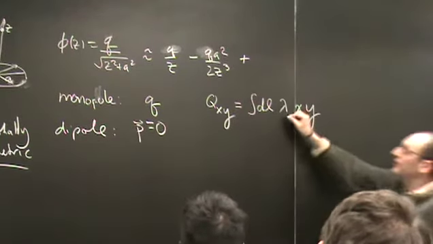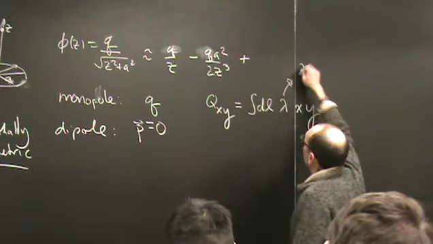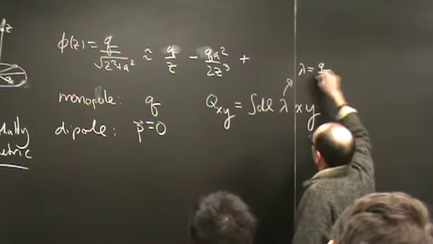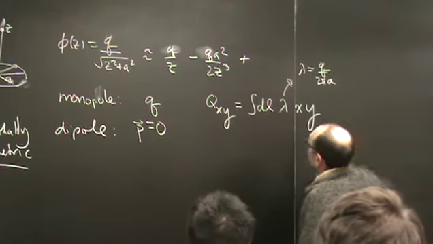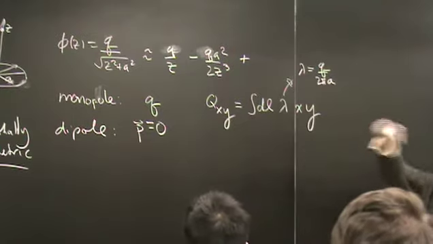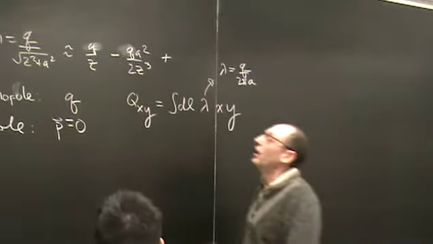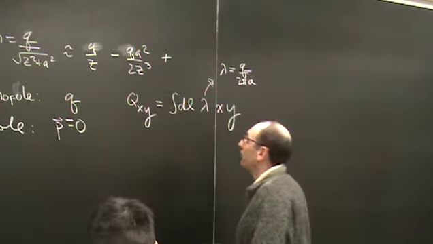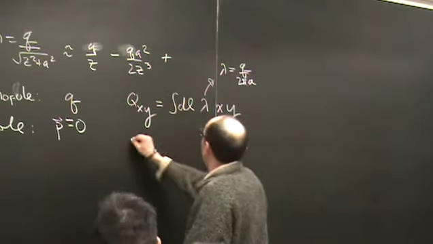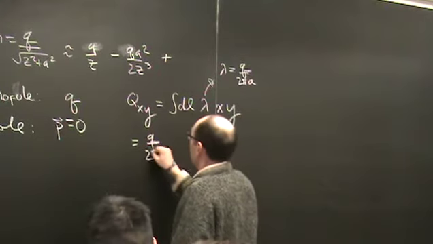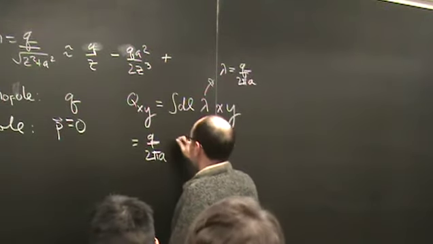Now, in this case, the charge per unit length is a constant. It's uniformly distributed. There's no buildup in one direction of x versus y. You can factor it out. So that's what I mean by azimuthal symmetry.